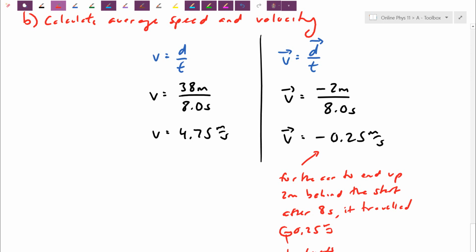Just like in the first example, where the person didn't actually walk over the diagonals and climb for the displacement, here we are, on average, traveling backwards 0.25. Again, these two are different. They would be the same if there was no change in direction, but definitely there is a change in direction for this problem.